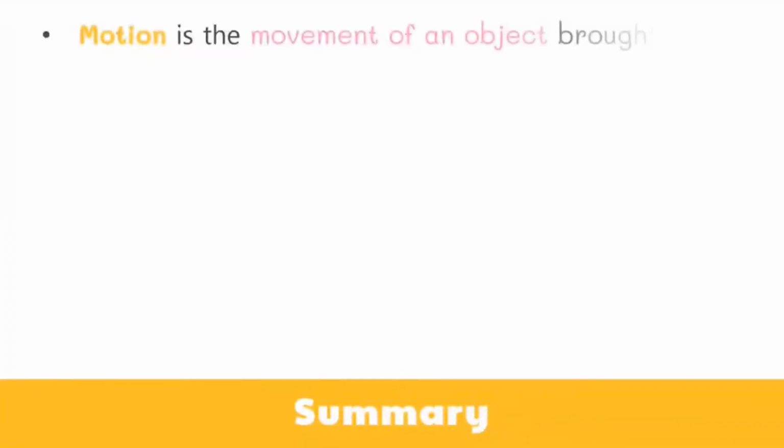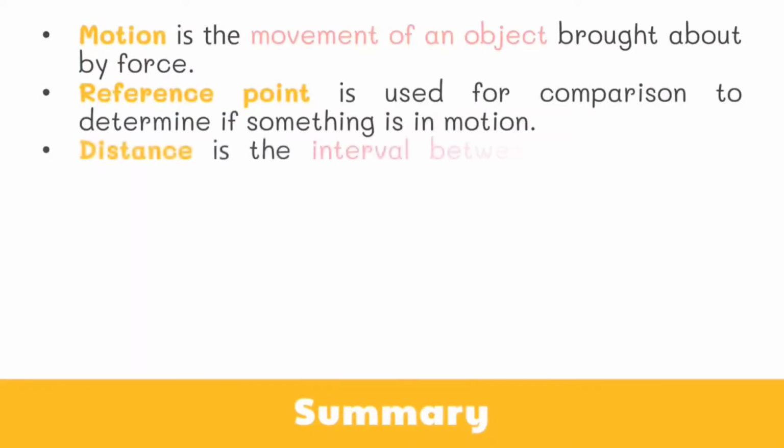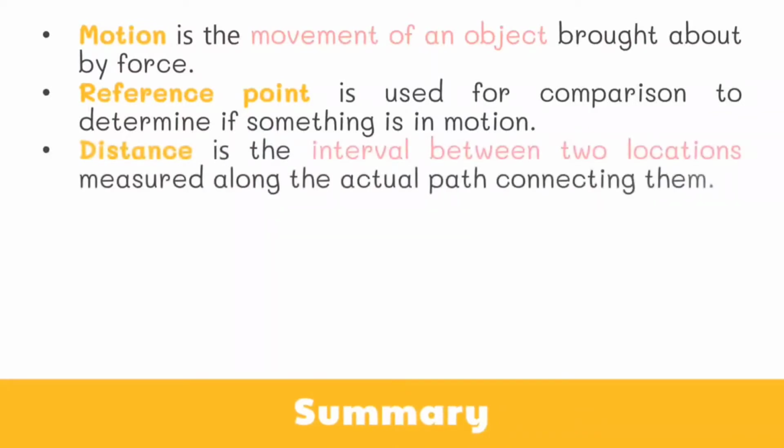Let's take a look at the summary of our lesson. First, we have motion, which is the movement of an object brought about by force. Next in line, the reference point is used for comparison to determine if something is in motion. Third, distance is the interval between two locations measured along the actual path connecting them.